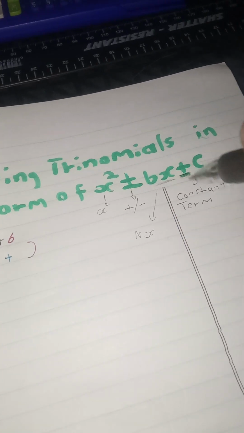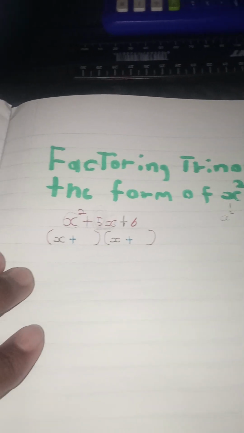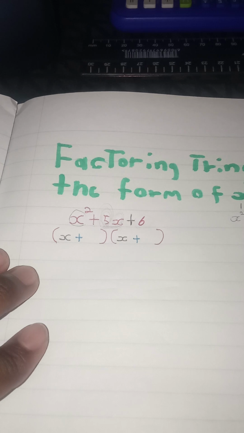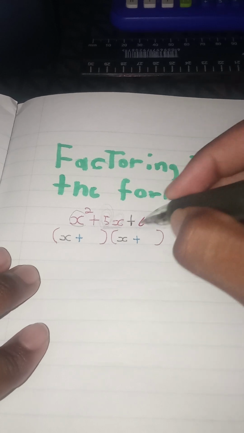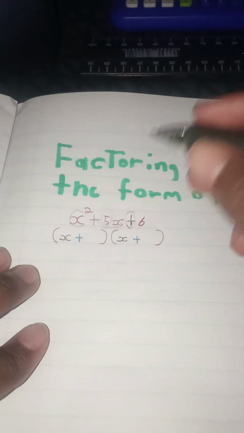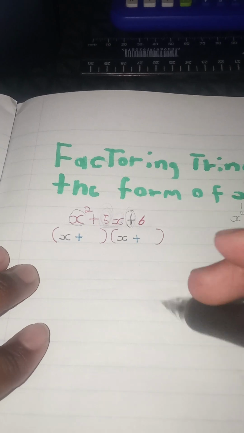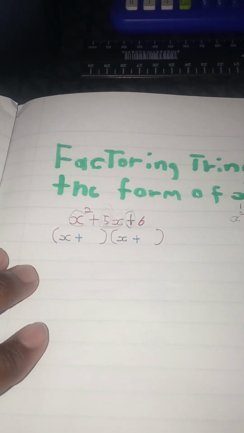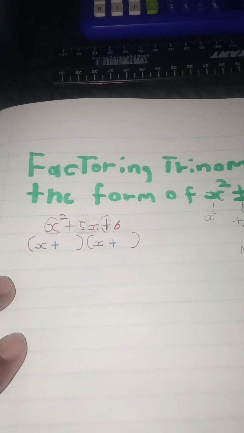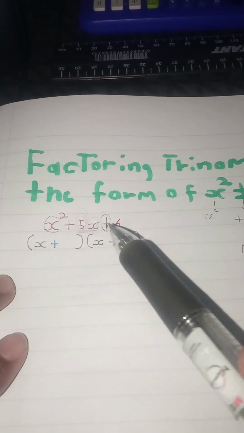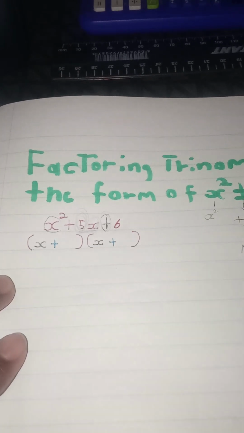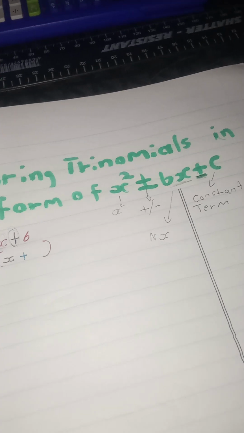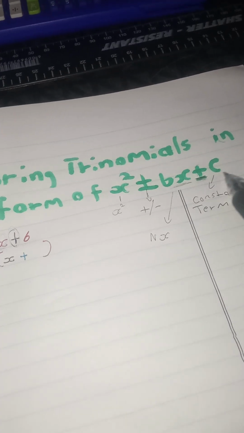But here we are given a plus, so I'm going to write the pluses on both sides. So now you're given 6. 6 is the constant term. This term.